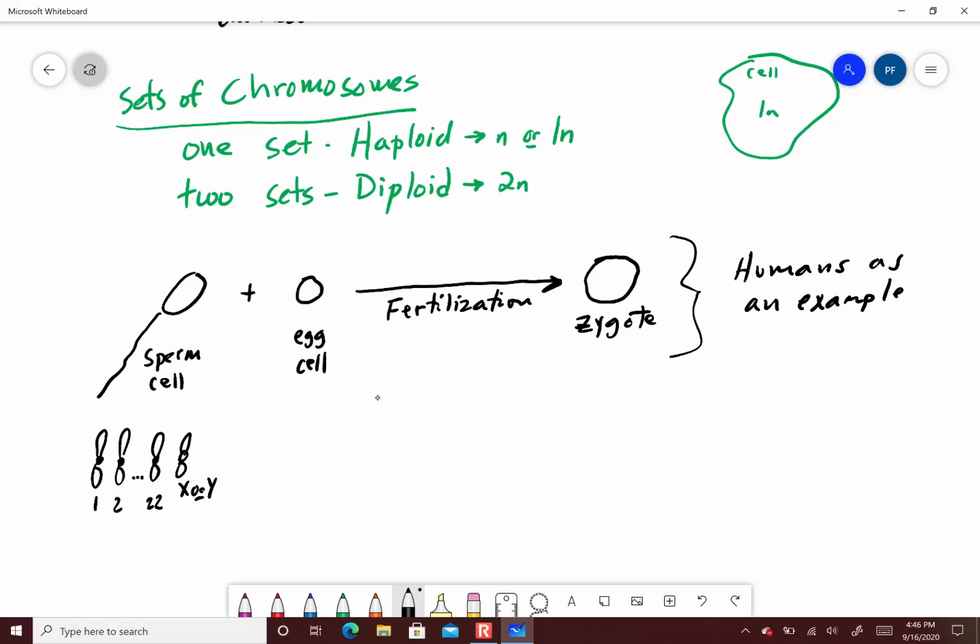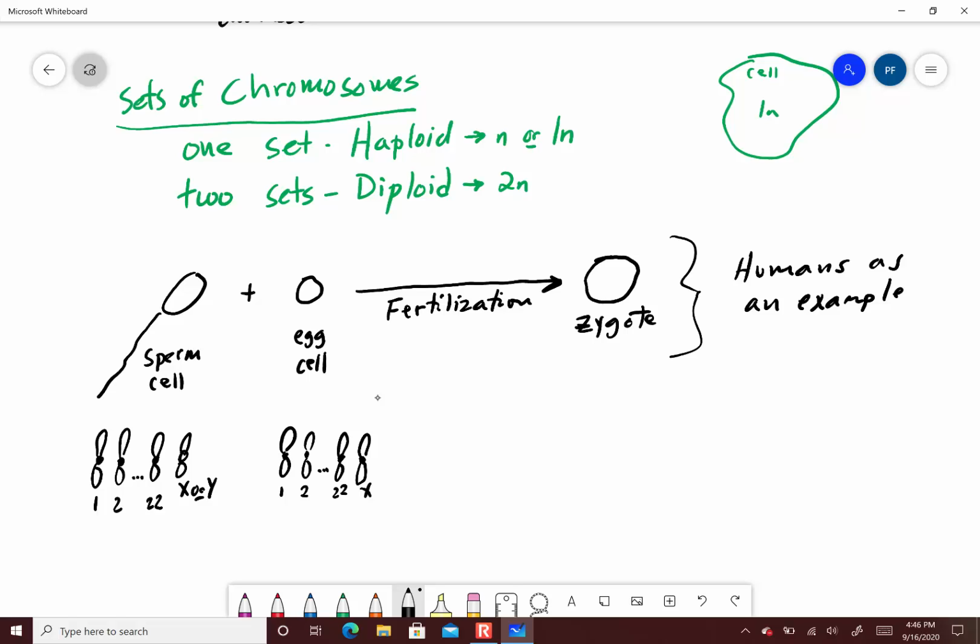Right? And then we would see almost the same in the egg cell. We're still going to see one number 2, etc., up to one number 22. But then in the female, in the egg, the sex chromosome its only option is X, right? So women are XX and men are XY in their sex chromosomes, right?